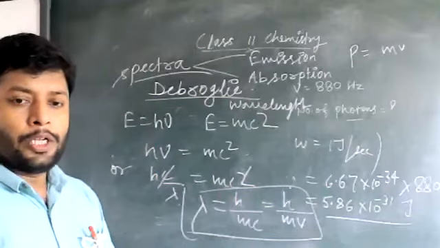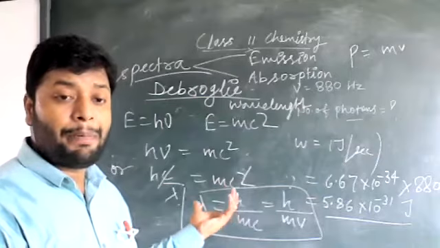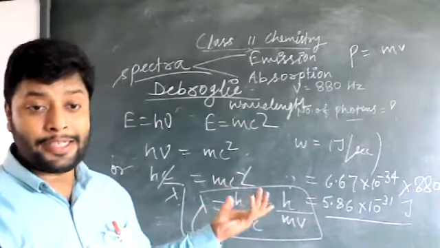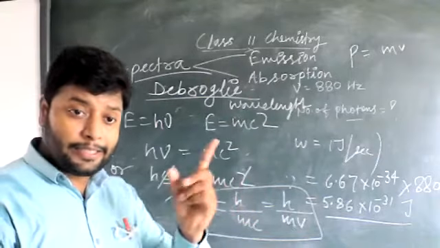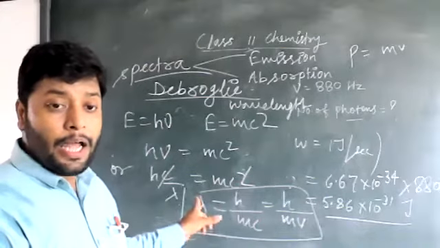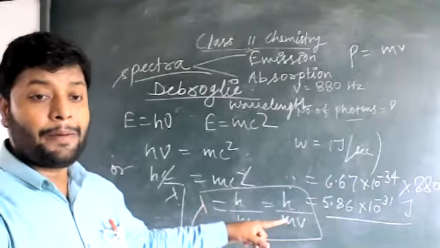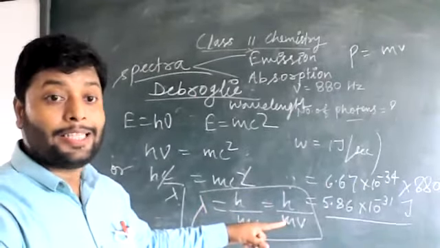So he explained that particles like electrons, protons, neutrons, atoms or molecules can be considered like a wave because they have an applicable value of lambda, calculated with the help of the mass and velocity of the particle.